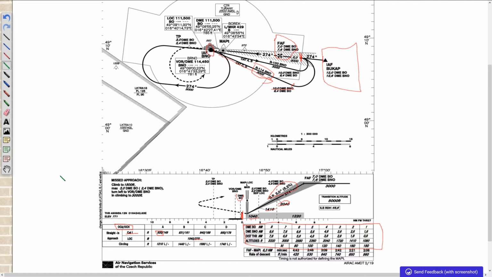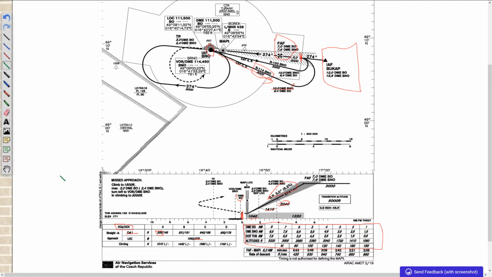And there is also the procedure for circling approach. This is used when there is bad weather, but not so bad. You can fly the shortened or lower circuit to the other runway.